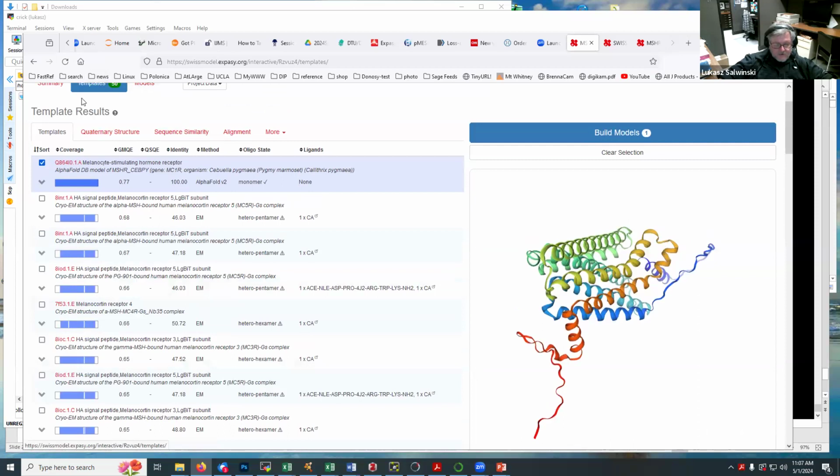Recently, Swiss-Model added models that were already determined by AlphaFold. So for this particular protein, we do have an AlphaFold model coming from the AlphaFold people with 100% sequence identity, because this is our sequence that we're interested in. So that's the template that's coming from AlphaFold.